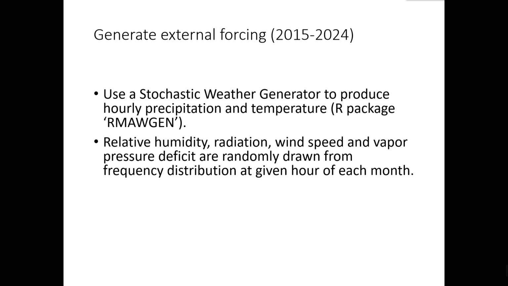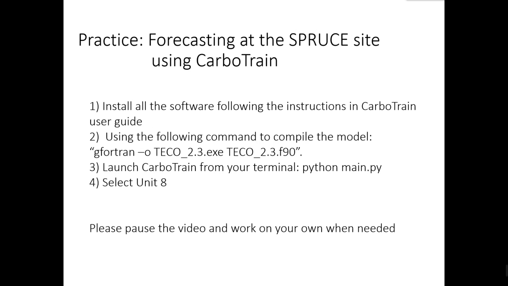But in real operation, you may use updated weather forecast data as forcing to drive the TECO model. So now let's get started with the practice. Please follow the instructions to launch carbon chain.